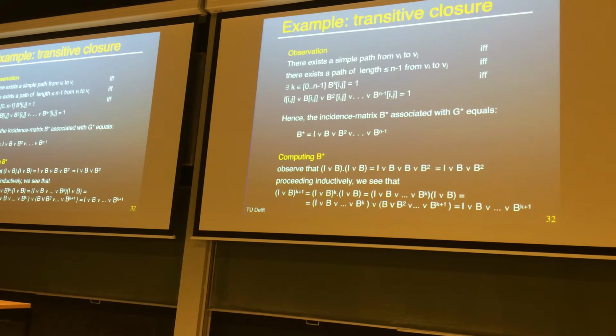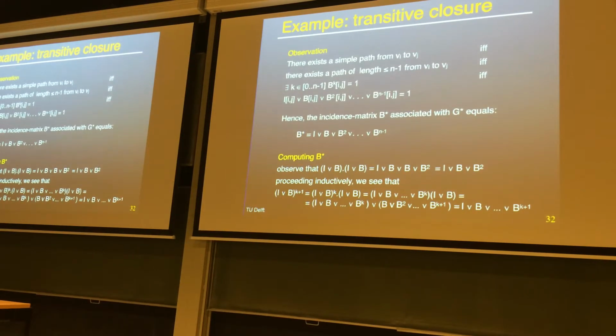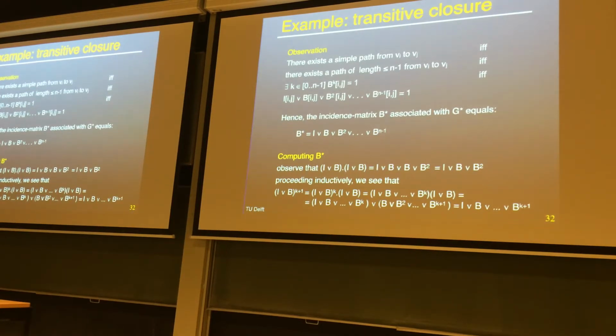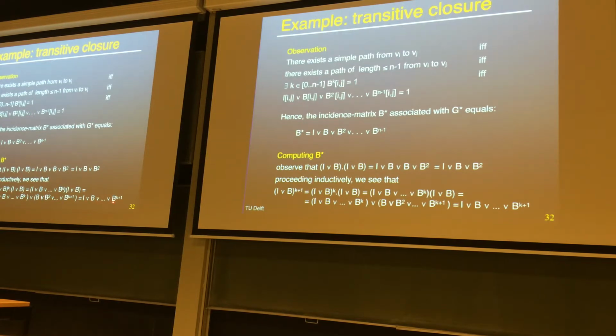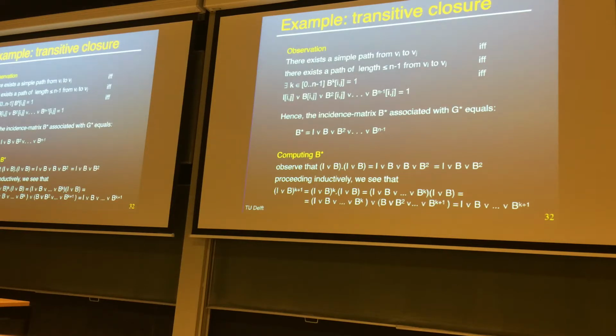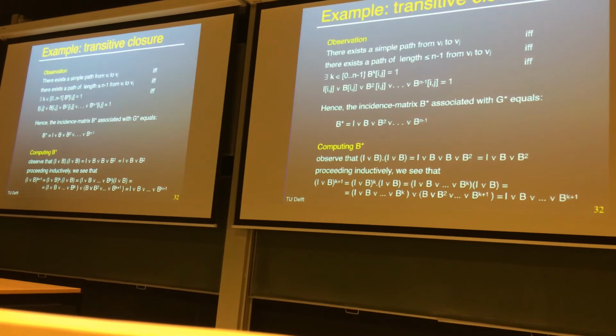That means that I or B to the power k plus 1 is equal to this complete result. So if you take I or B to the power n, then you end up with I or B or up to B to the power n, and that means that n minus 1 already is sufficient to give you the final result. So we can compute B star.